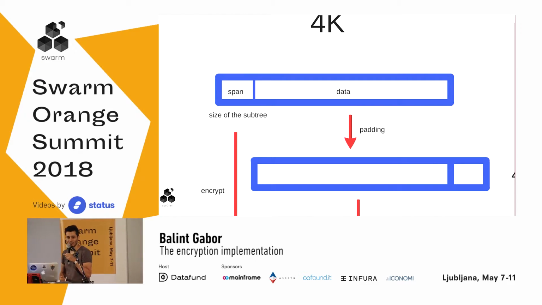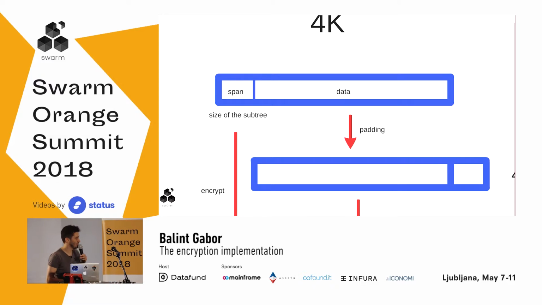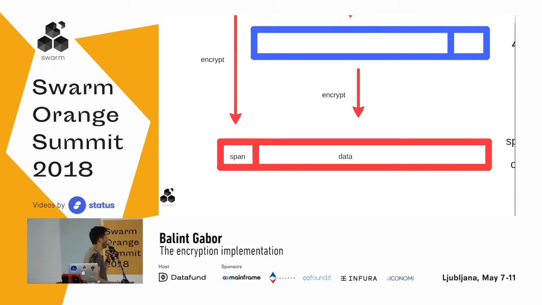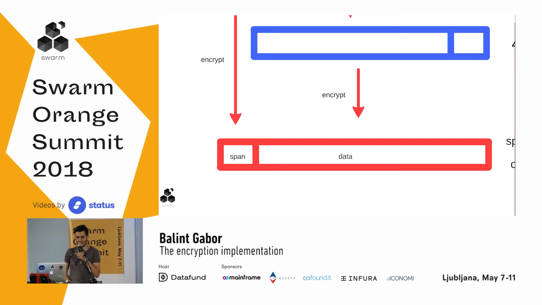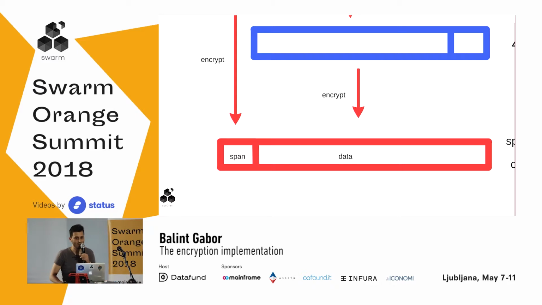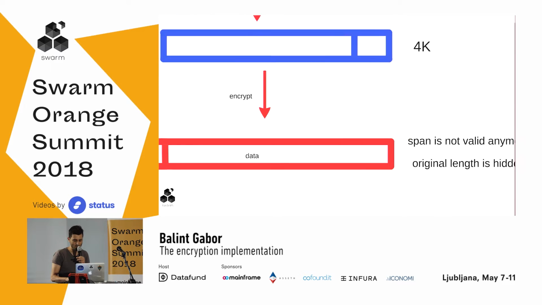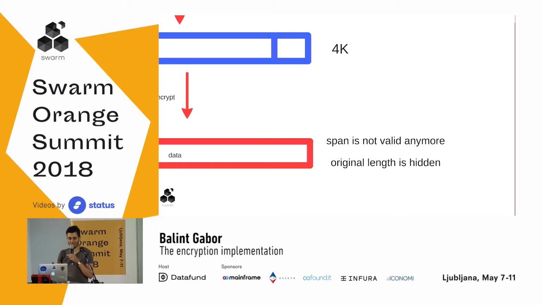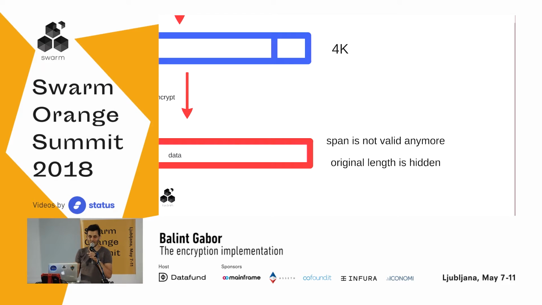This way we can hide even the length of the content, so that's the padding. And then we separately have to encrypt the span and the data. And we just concatenate those two byte arrays together, and then we have an encrypted chunk. Just a note that because the span is also encrypted, it's not valid anymore. So the first 8 bytes of an encrypted chunk is not the size of the subtree. The original length is hidden.